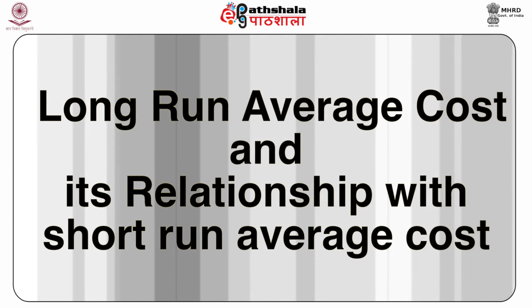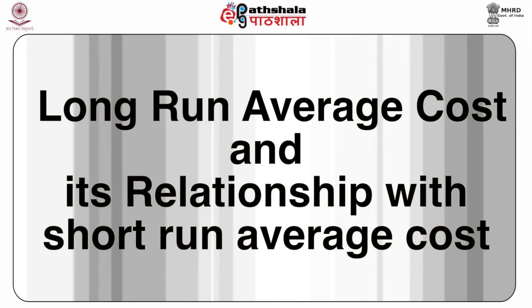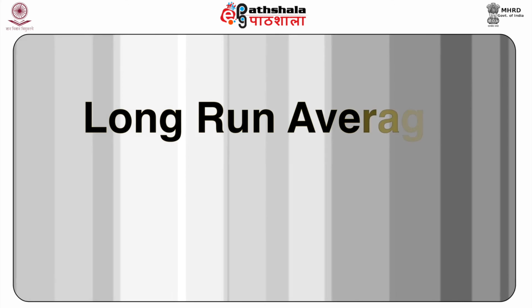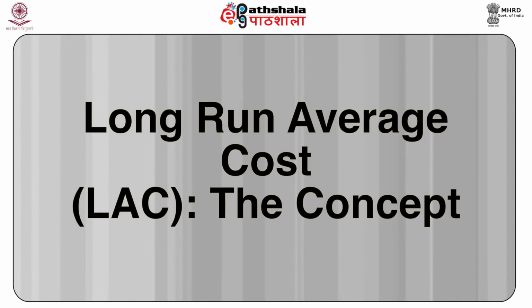Next is long run average cost and its relationship with short run average cost. Long run average cost, LAC, refers to the minimum possible per unit cost of producing different quantities of output in the long run.